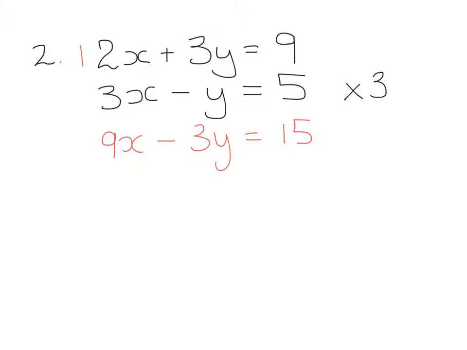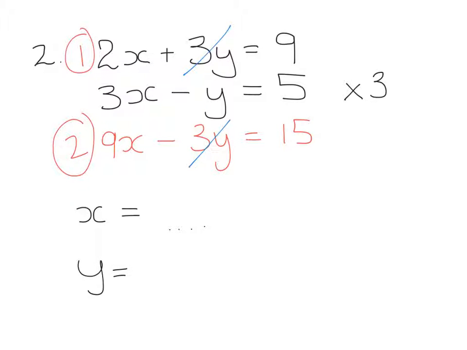Now if we add equation 1 and equation 2 together, we will see that the 3y minus 3y will cancel out, and we can do 2x plus 9x equals 9 plus 15. Solve that to get a value for x, and then substitute that in to one of the equations and rearrange to get a value for y.